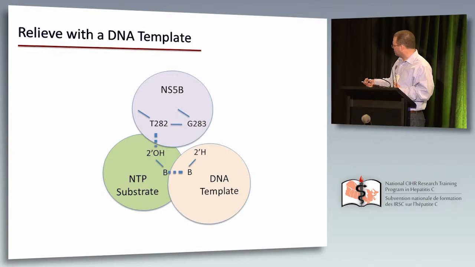So in other words, the nucleotide can be accommodated under these conditions. And in fact, if we use a DNA template instead of an RNA template, we don't see any resistance. So that is pretty good evidence, we think, for a steric clash between sofosbuvir or related compounds and S282T.